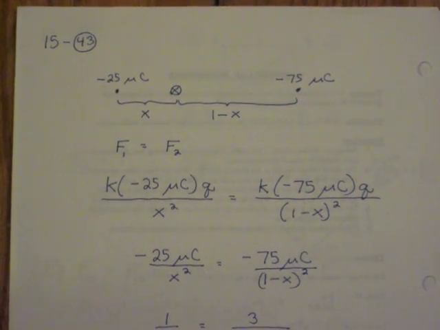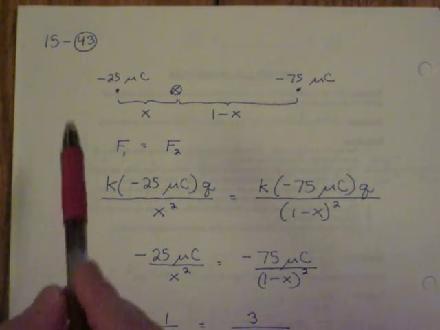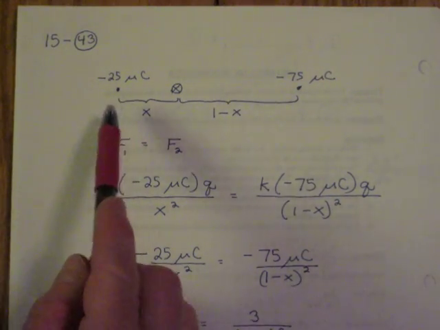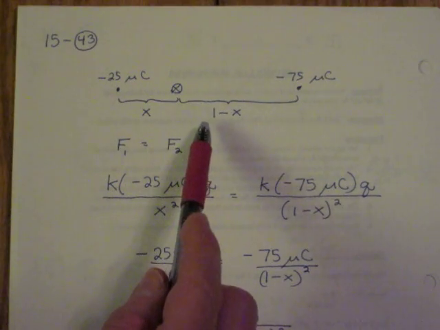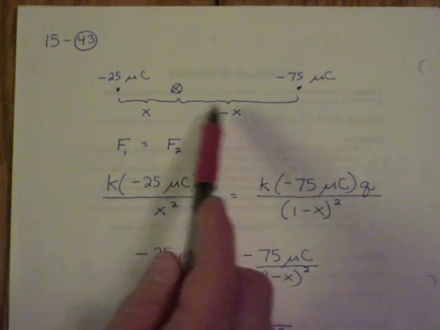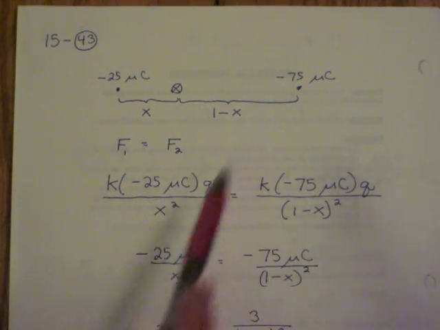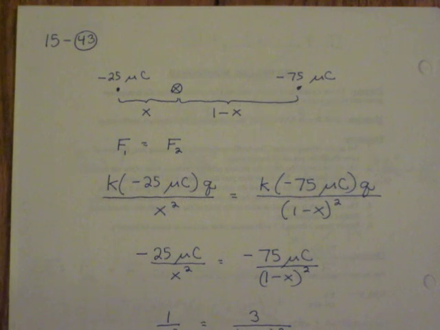So we need an expression for its position. Let's say that x is its distance from the 25 microcoulomb, and 1 meter minus x is then going to be the distance from the 75 microcoulomb. I set the forces equal to each other, and then you plug in Coulomb's law.